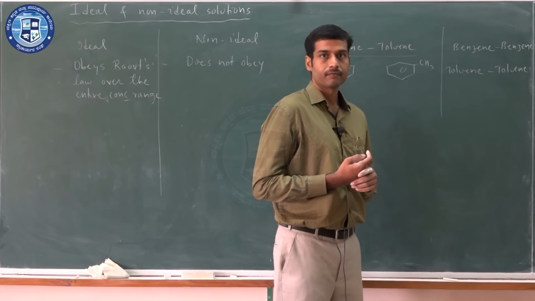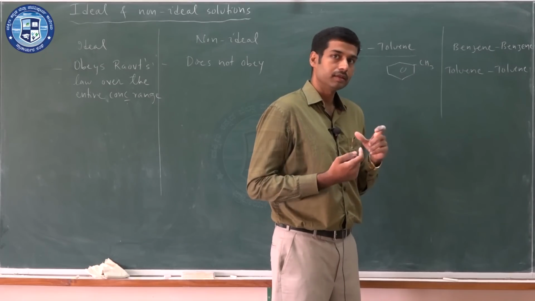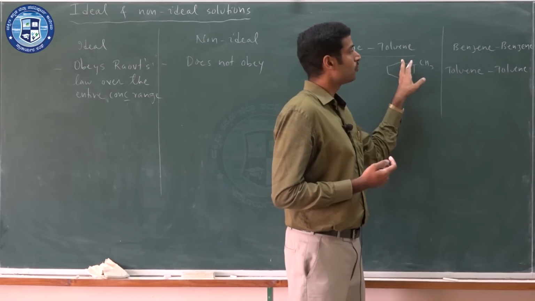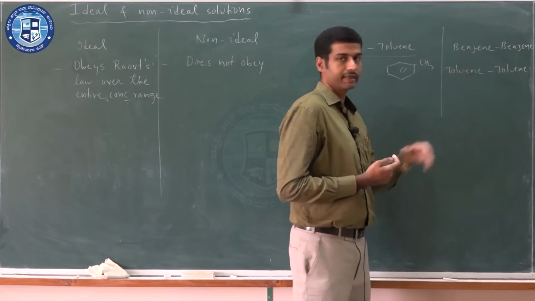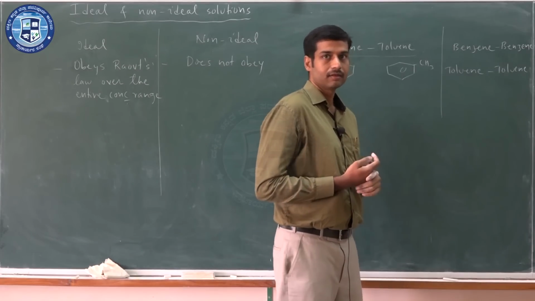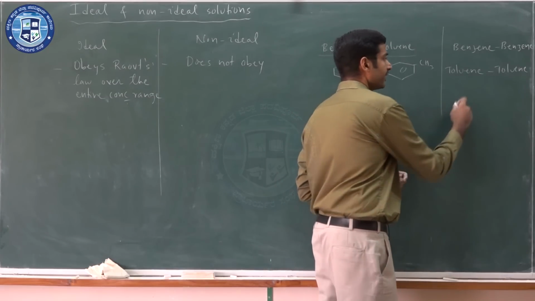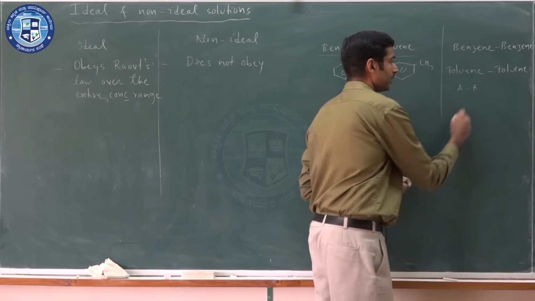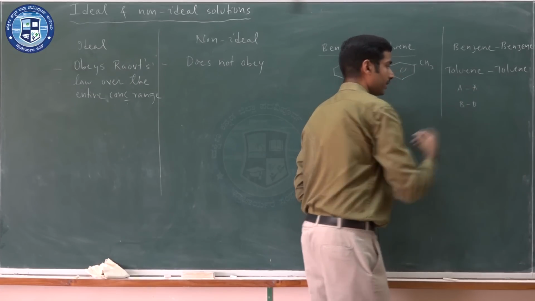Now, because of the structural similarity, the interaction between benzene and toluene is almost equivalent to the interactions which are present in the pure states. This can be in general represented if I have two components A and B: the intermolecular interaction in pure components, let me represent them as AA interaction or BB interaction.